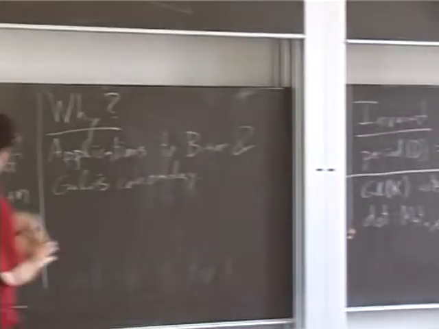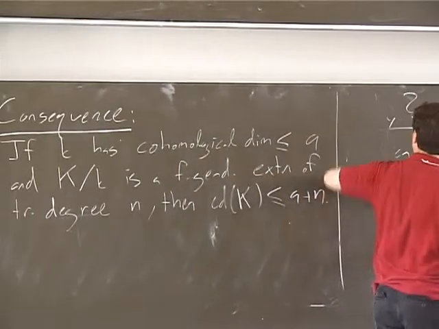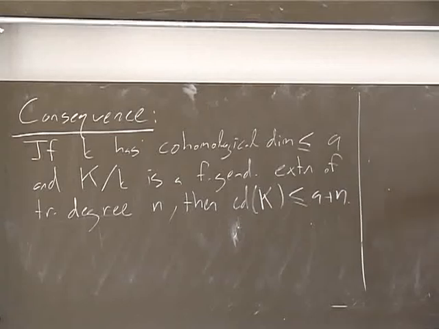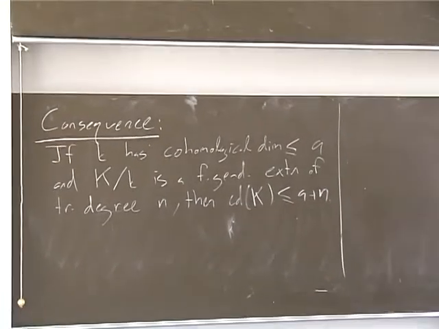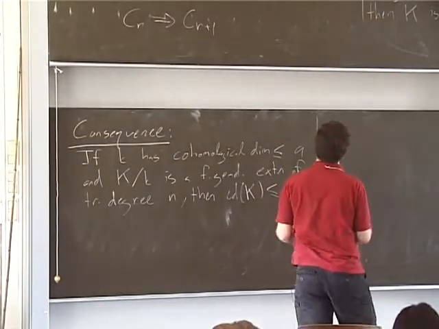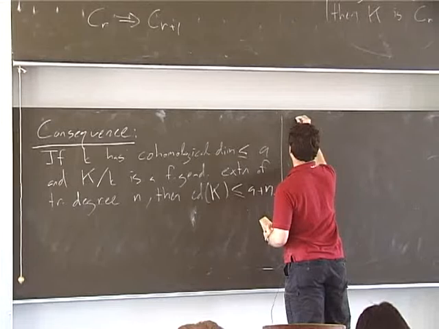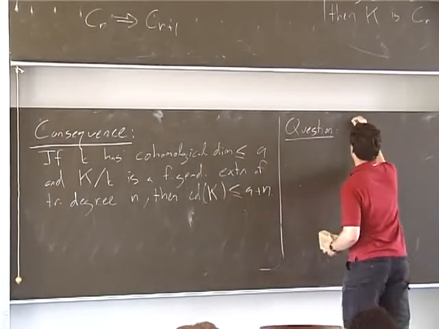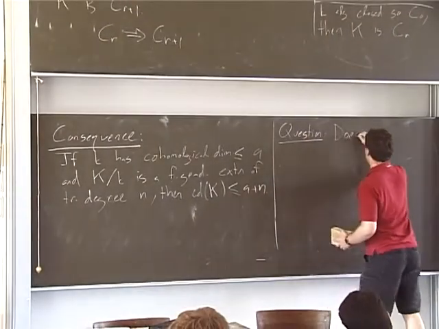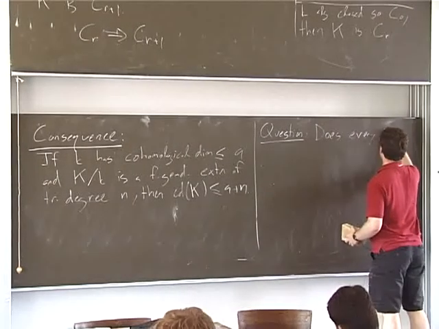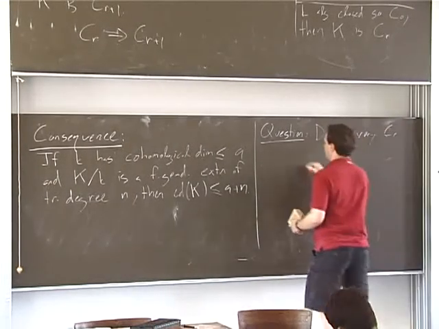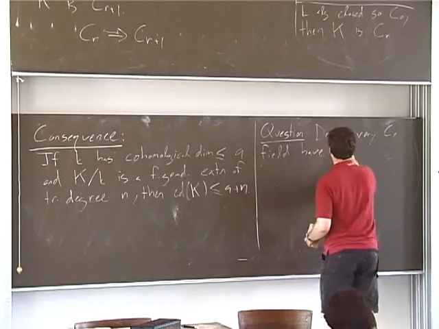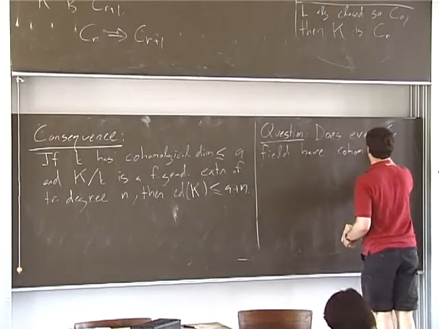And let me just point out there's an open problem here. This property CR and this property of bounded cohomological dimension satisfy the same sort of theorem, and you might expect something from this, which is an open problem. Does every CR field have cohomological dimension less than or equal to R?